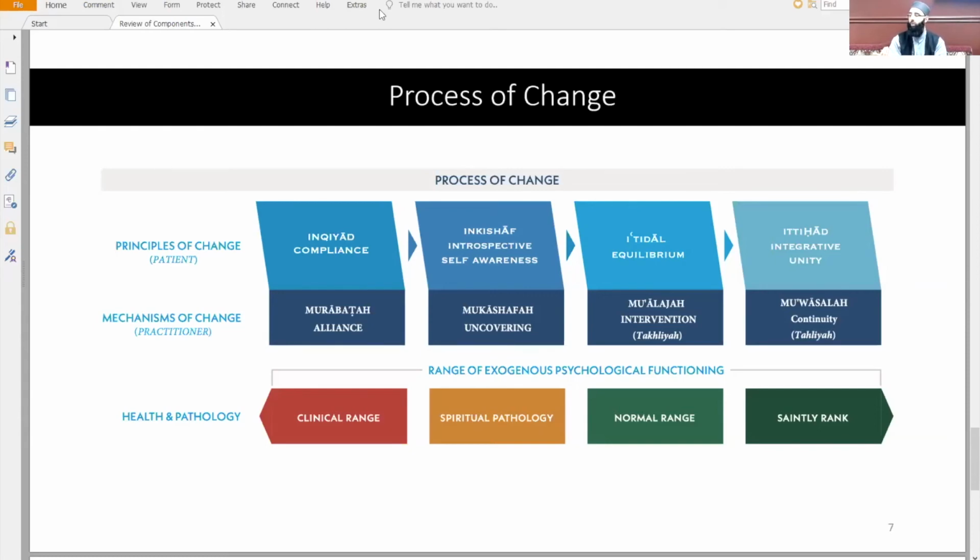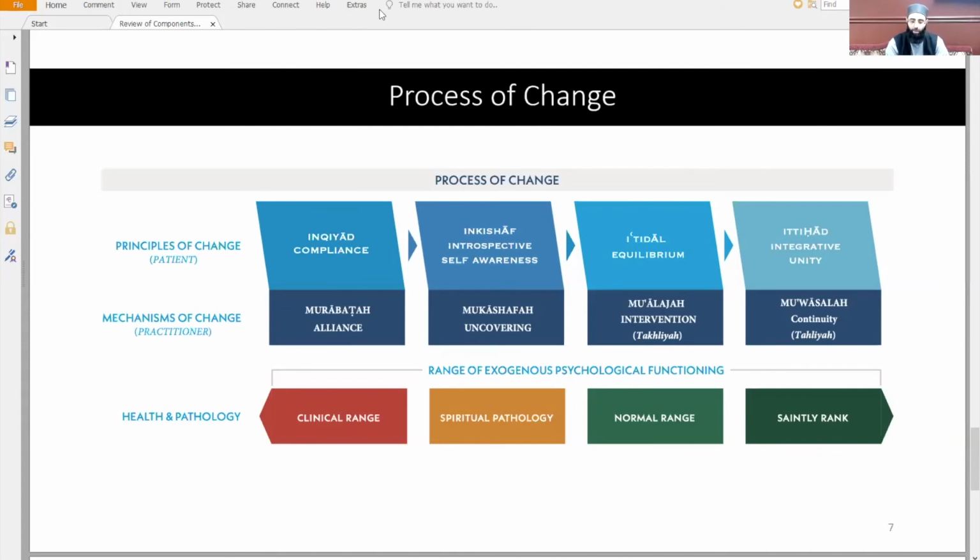For the nafs, what we might do is provide some behavioral directives. We may do it in the session, like interoceptive exposures, for example, or exposure therapies. We might prescribe behavioral regimens, frequencies of positive behaviors that they should implement in their environments when they leave the office.